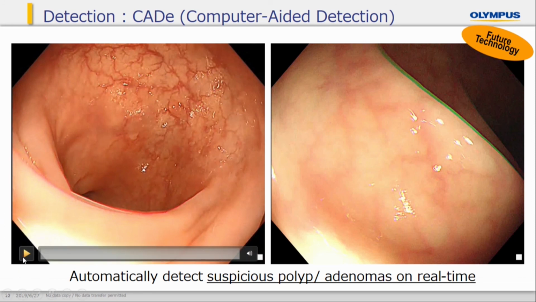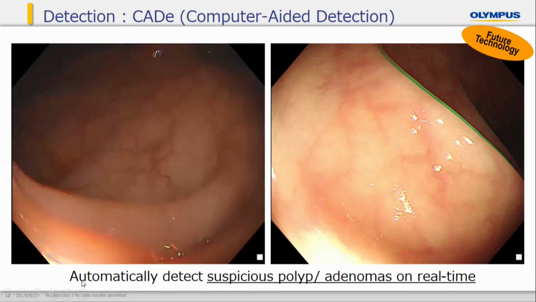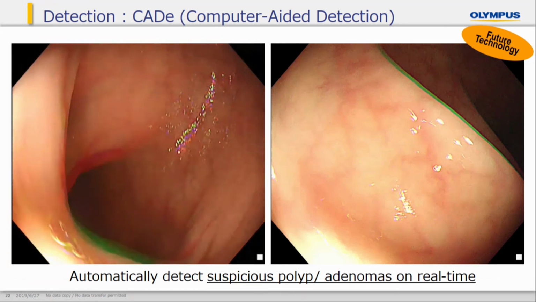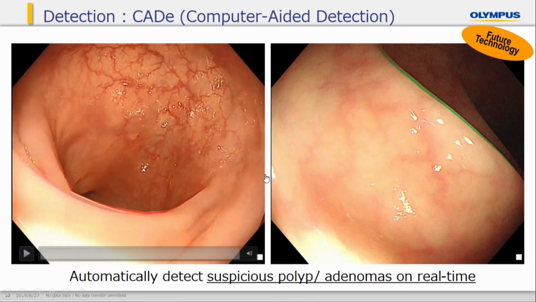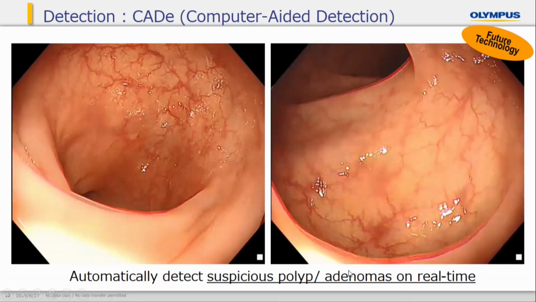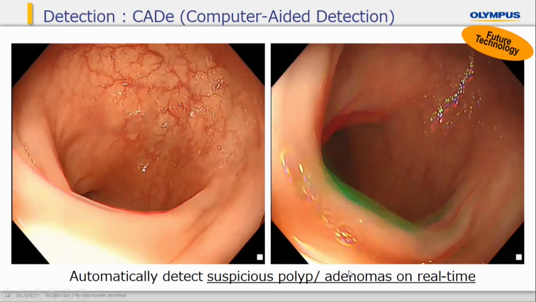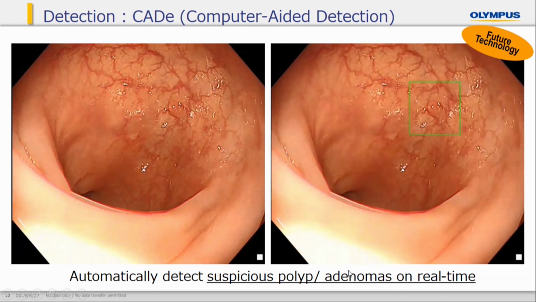Can you identify the suspicious area? Next, let me share with you the movie with the CADe function. The CAD identifies this area as the suspicious area.